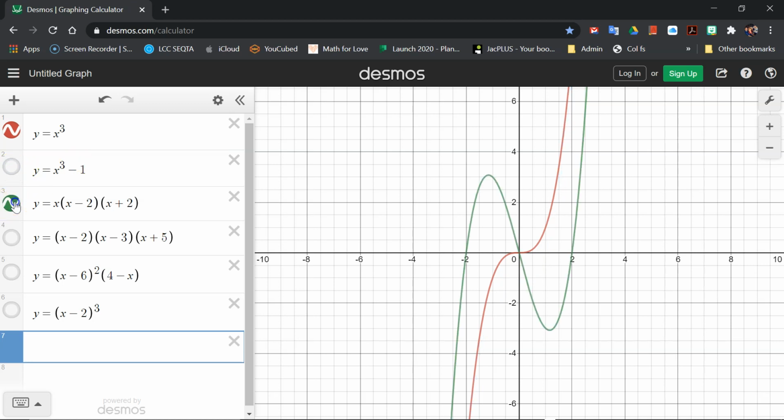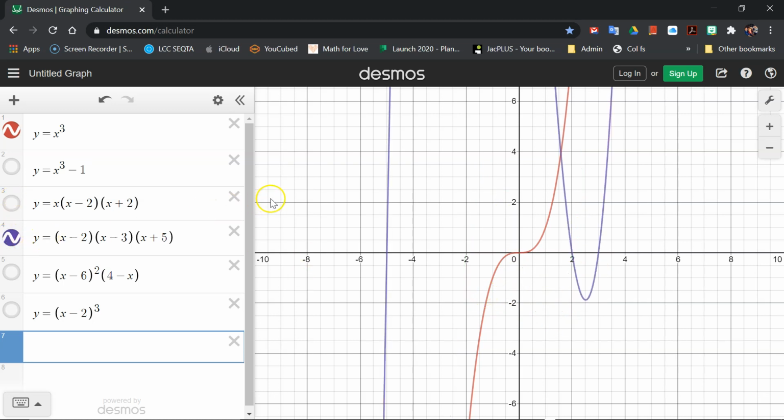We did then x times (x minus 2)(x plus 2), and we could see that the 3 points of intersection are minus 2, 0, and 2. And by substituting, say, values of 1 and minus 1, we're able to indicate approximately where the turning points are.